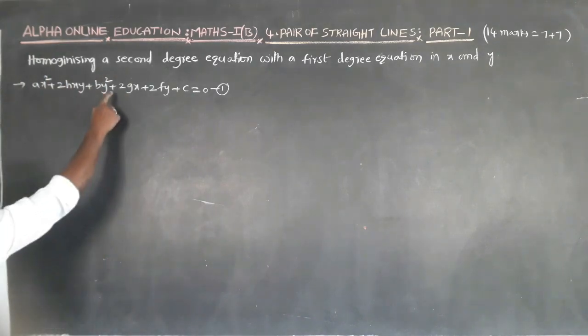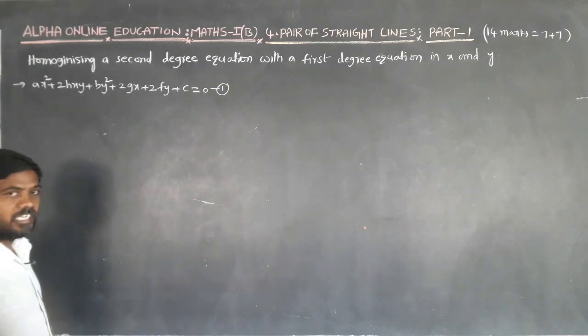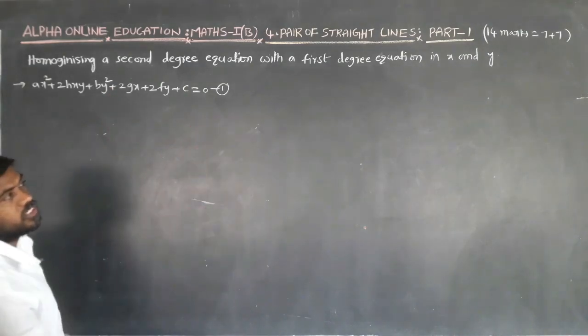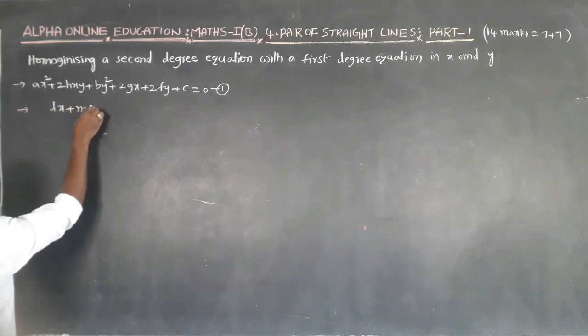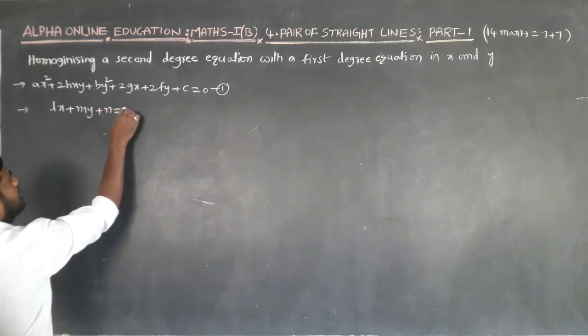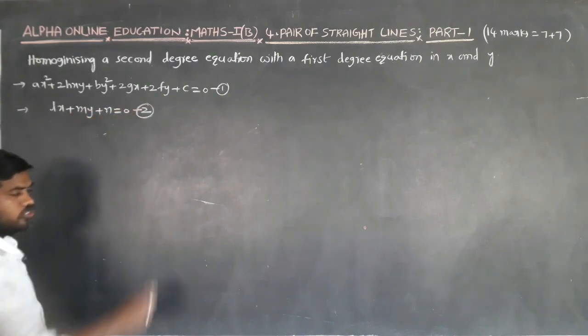The first degree equation means lx plus my plus n is equal to 0.